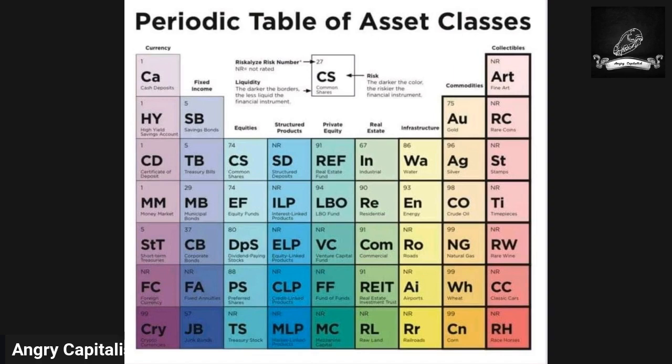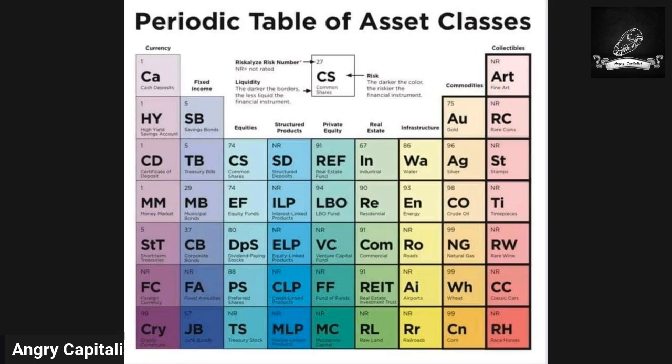So the risk analysis number gives us a numeric scale, but in absence of that, the darker the color is within this chart, the more risky it is. You can see that at the very top we have lightly shaded boxes, and then as we go towards the bottom, they get darker.